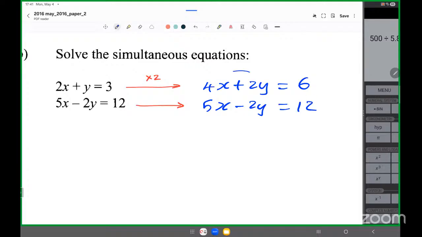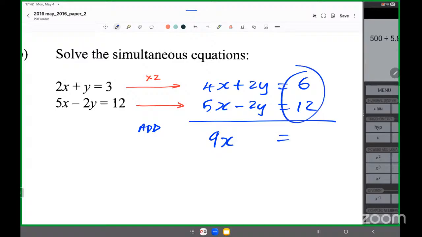When I add up everything on this side, the 2y and the minus 2y will eliminate each other. So I'm going to add these two equations now, to eliminate these. When I add the 4x and the 5x, I get 9x equals, when I add the 6 and the 12, I get 18. Remember, when I add these two, they are eliminated.